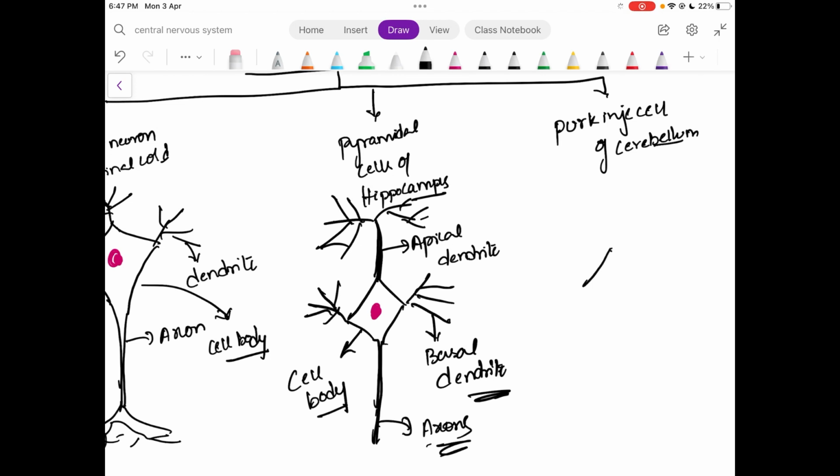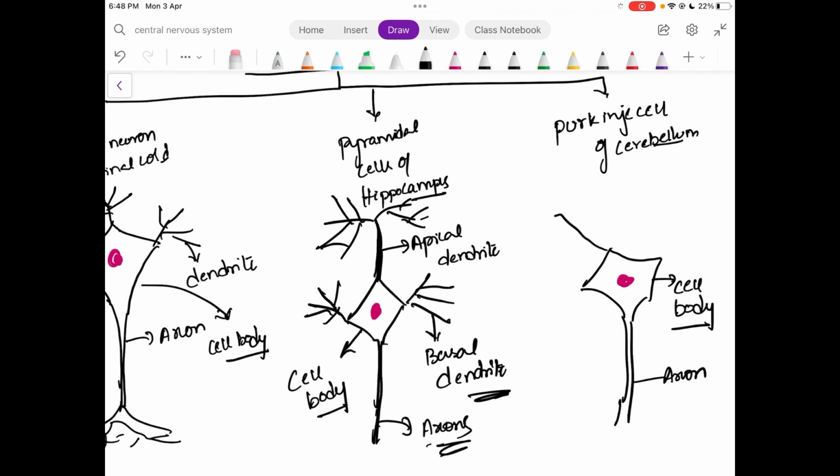Here, a cell body is present, and the cell body will have an axon, and they will have dendrites, and these dendrites will branch enormously, and they will appear like a tree.